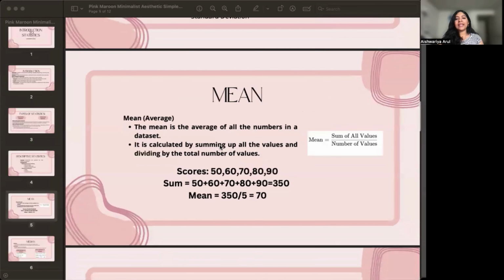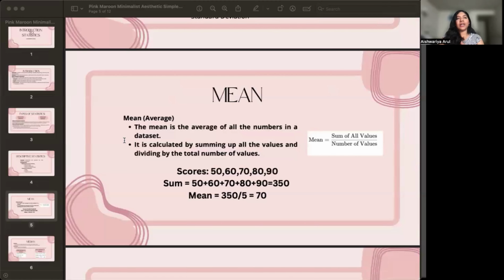Descriptive statistics talks about the mean, median, mode, range, variance, and also the standard deviation. As we all know, mean is the central value of the data, and it is extremely helpful when all the data points are equally important. For example, especially in businesses, companies usually calculate the average sales revenue per month to plan for future growth.